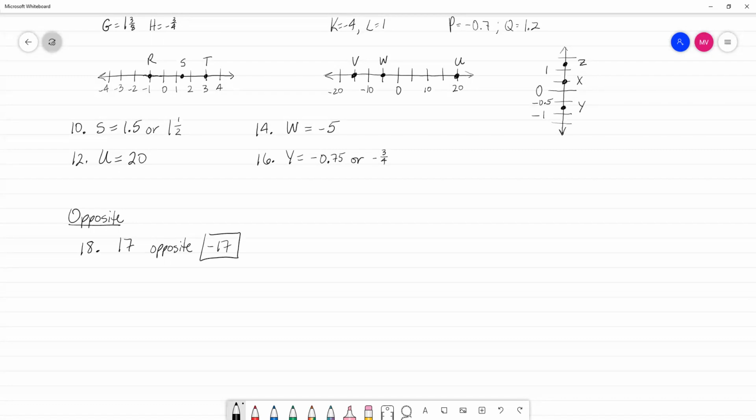Remember, opposite is talking about signs, positive and negative. So if you have a positive number, its opposite is that same number with a negative, and vice versa. 20 is -1/3, whose opposite is +1/3. Not 13, Meredith. There we go.